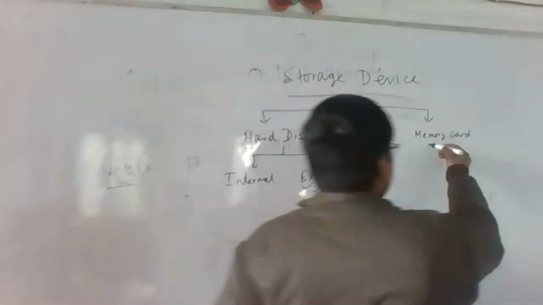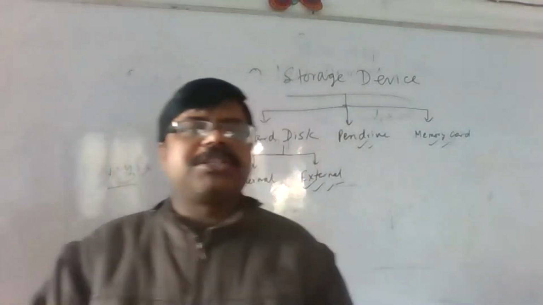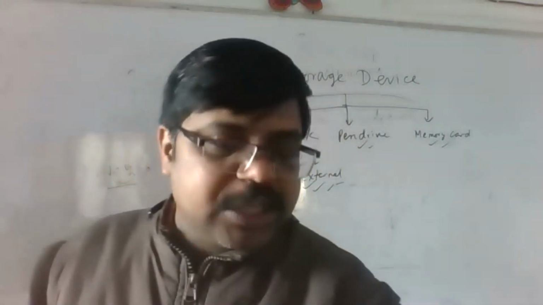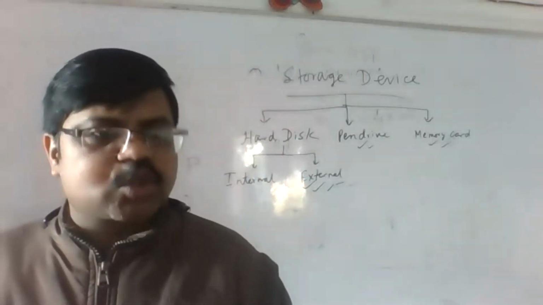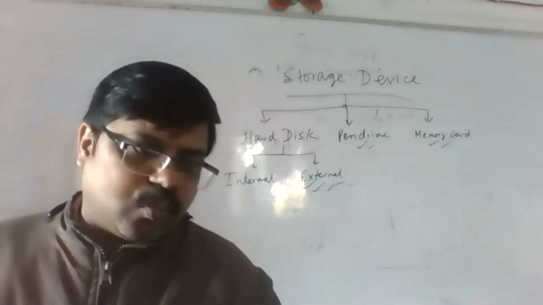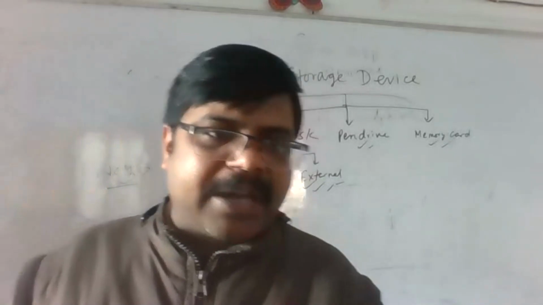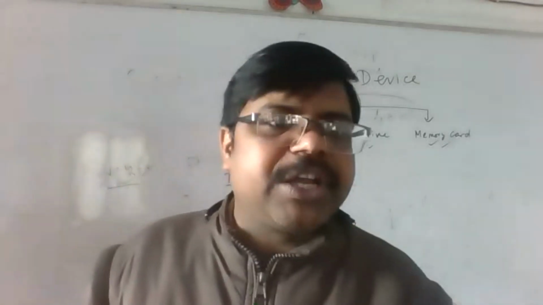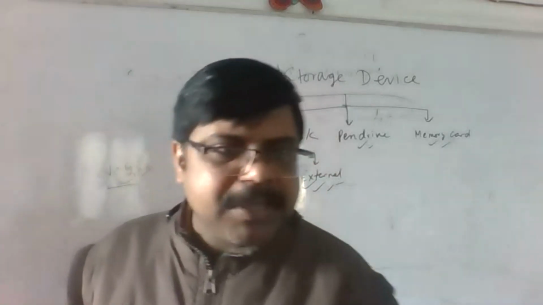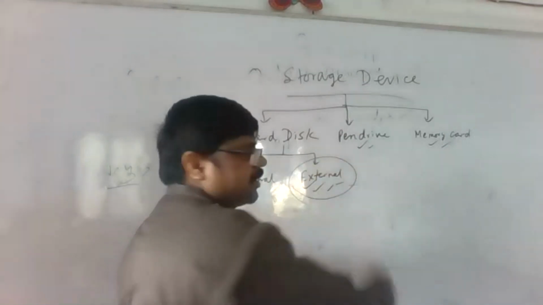Next one is the memory card. You all know this is used in your digital camera, it is used in your smartphone. This type of chip you can use to transfer your data from one set to another set. But please keep it in mind, if you are going to transfer your confidential data from one PC to another PC, please use the external hard disk.